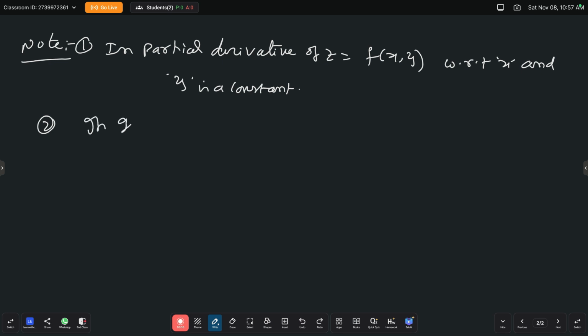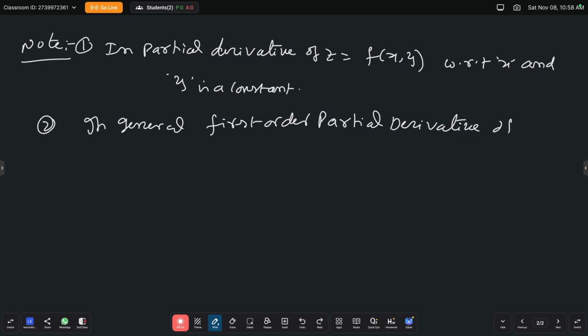And the second one is, in general, the first order partial derivatives dou f by dou x and dou f by dou y are functions of x and y.